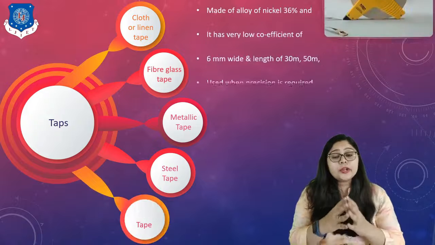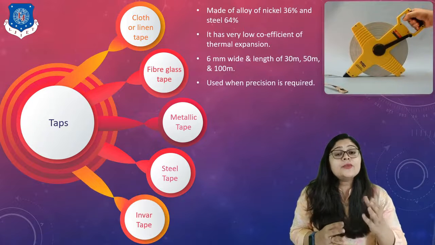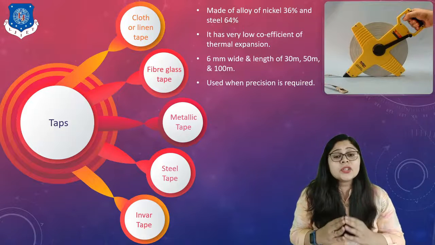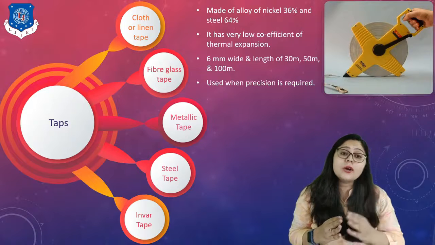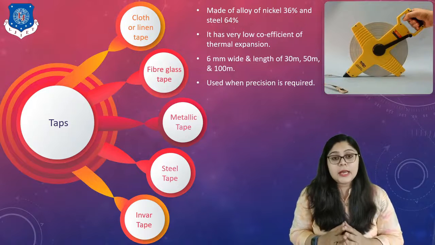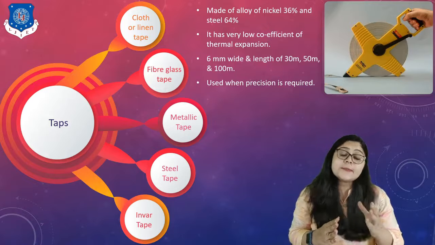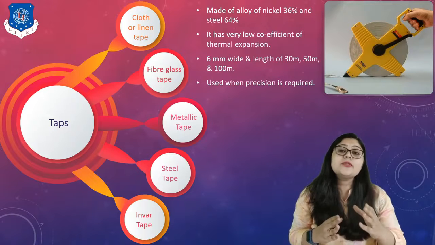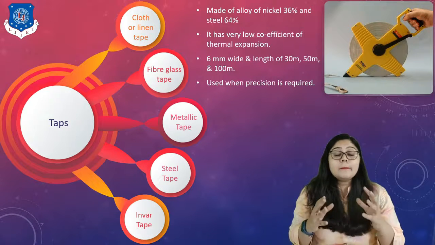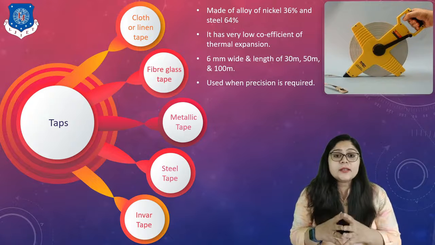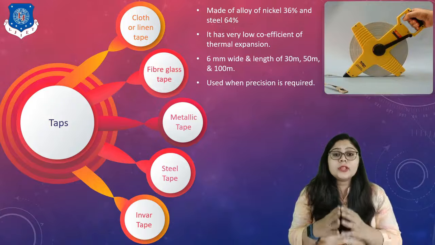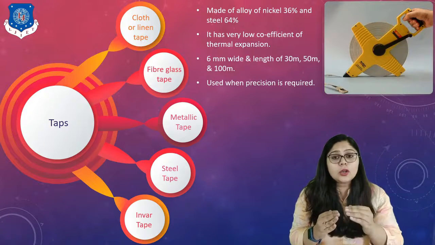And the last type of tape is the invar tape. They are generally made of an alloy of nickel and steel, where nickel is 36% and the steel is 64%. By combining these two materials, the advantage over here is the coefficient of thermal expansion is quite low.